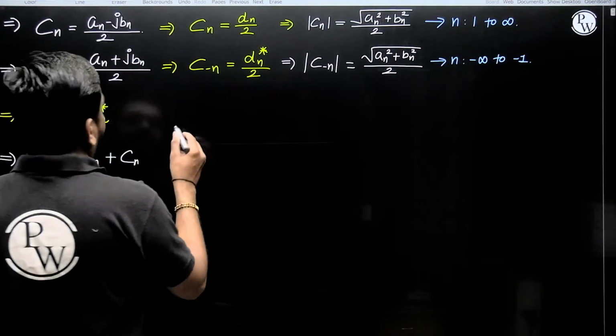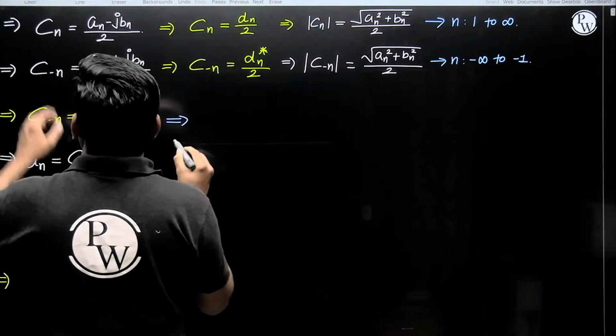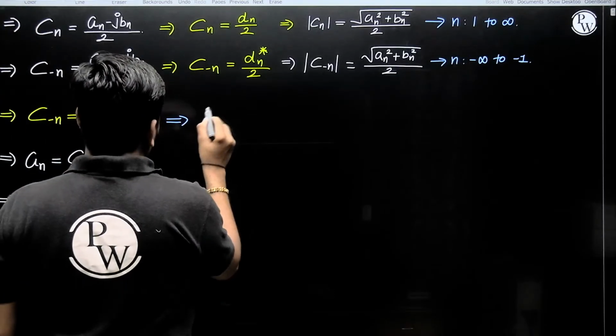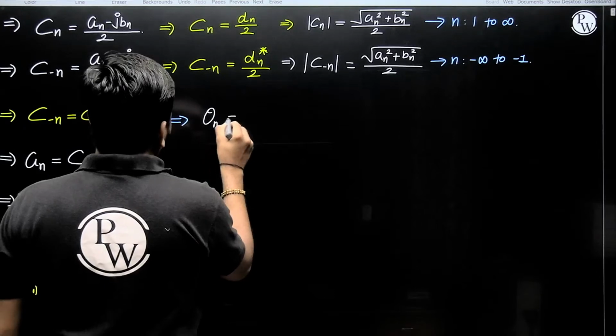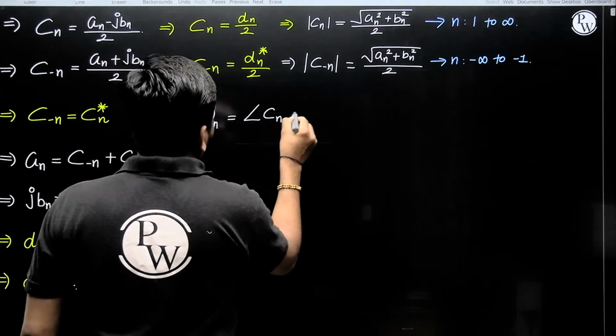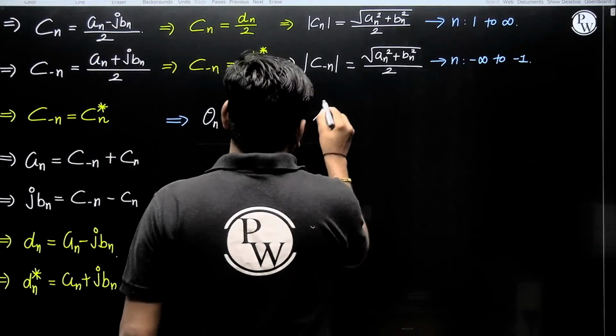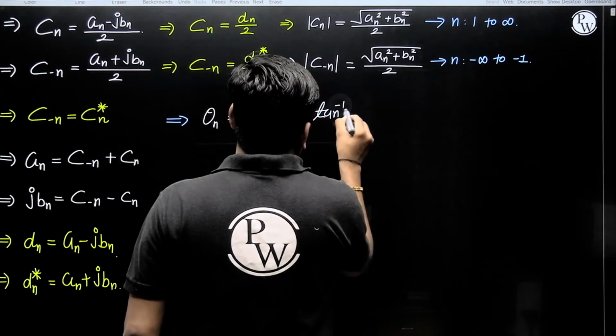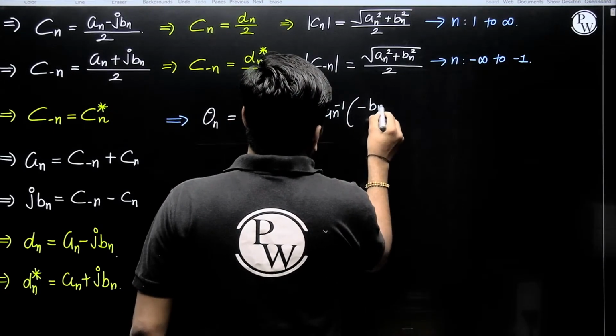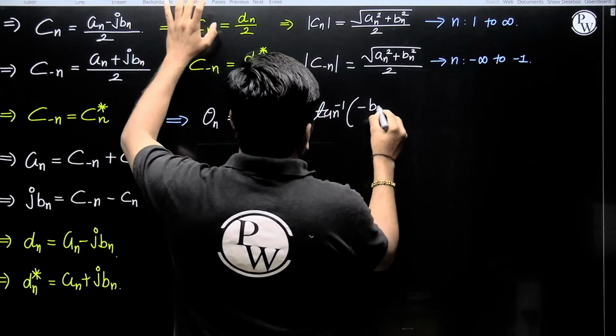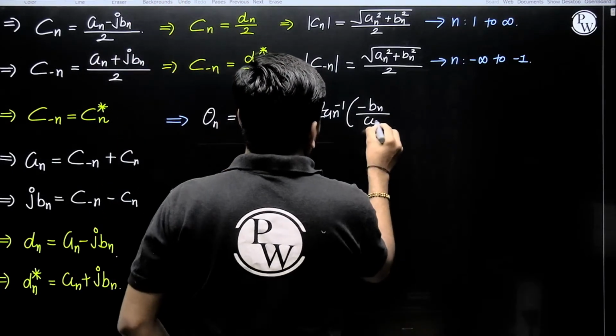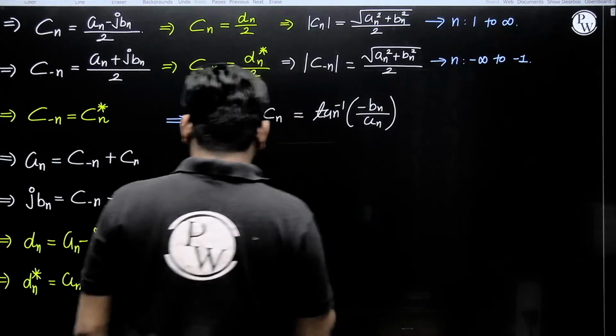Now in the similar way, talking about angle guys, theta n, angle of C, nothing but tan inverse of minus divided by minus, correct?